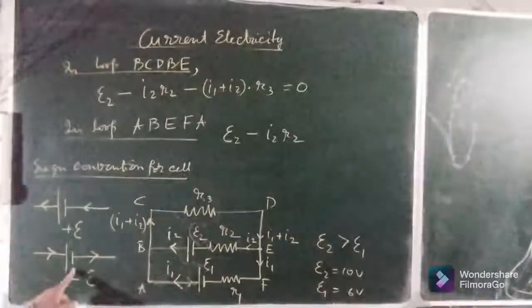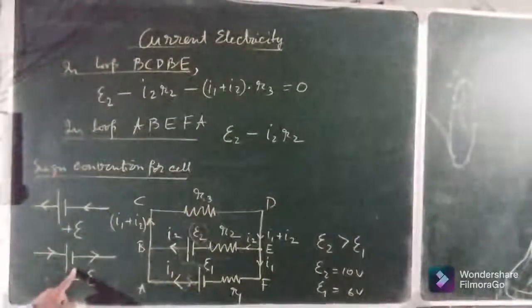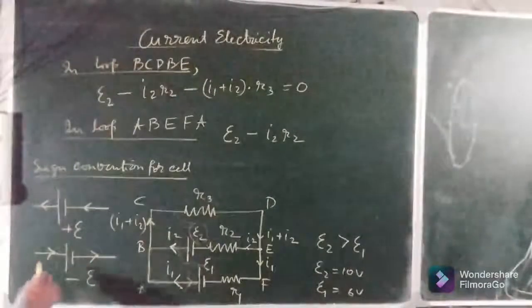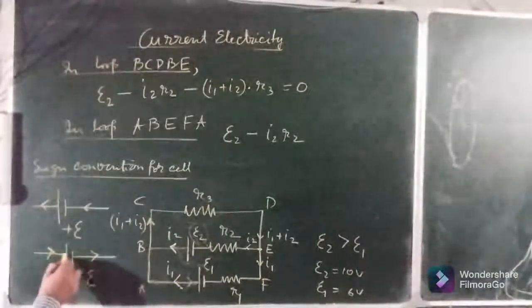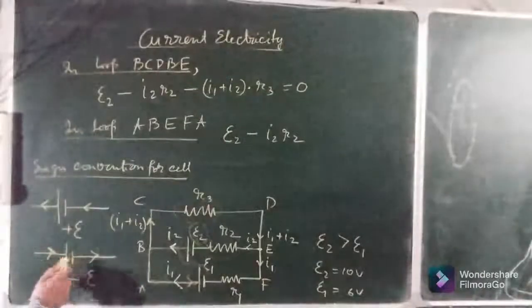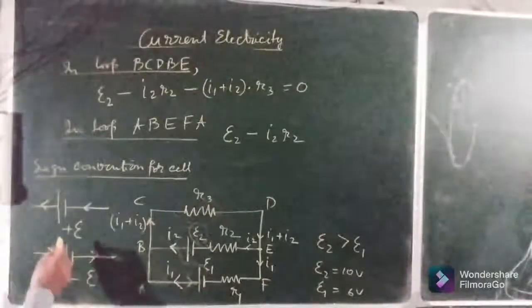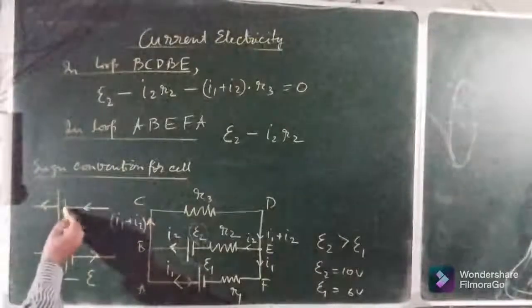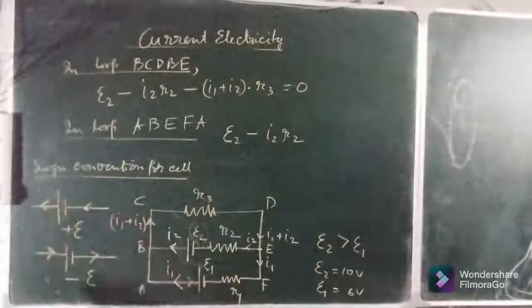When the cell is in charged situation, that means energy is added, the current inside the cell flows from positive to negative, then it is taken as negative, and if it is in reverse condition, inside the cell it is negative to positive, then it is taken as positive.